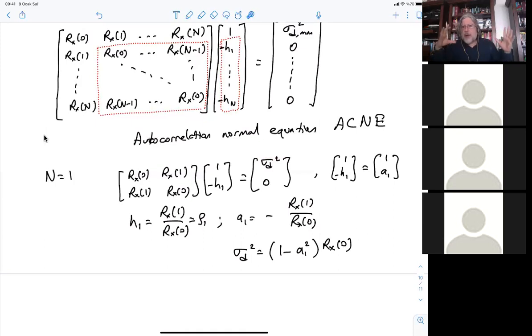When it becomes 4 by 4, it will use H1 and H2 from the solution that we just found, and then it will update them. H1 will be updated, H2 will be updated, and a new H3 will emerge, and sigma d square will be updated. So every time a new parameter comes into the picture, the old parameters are updated, and this parameter of error also gets updated. It's also a parameter.